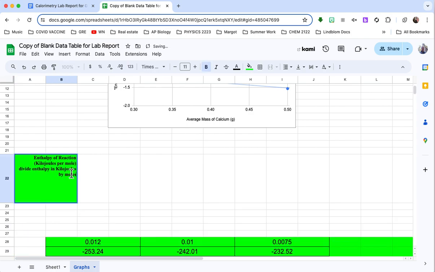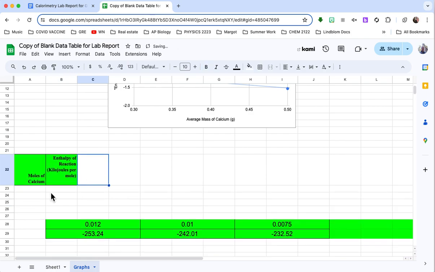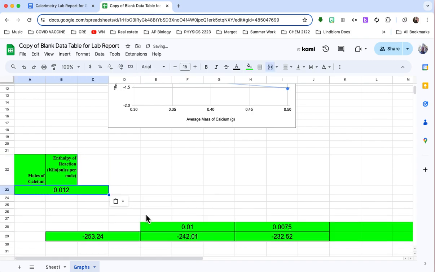Okay, just like before, I'm going to edit this title so that it doesn't have the instructions, okay? And then I'm just going to copy these numbers over.